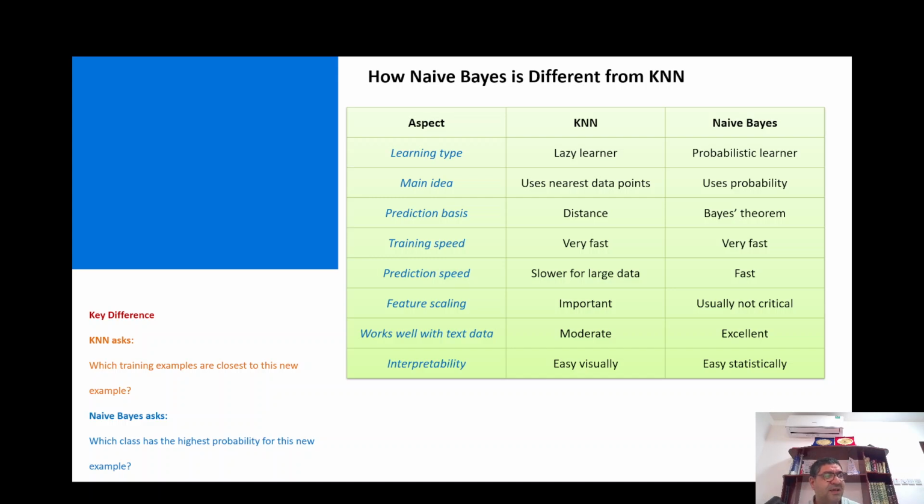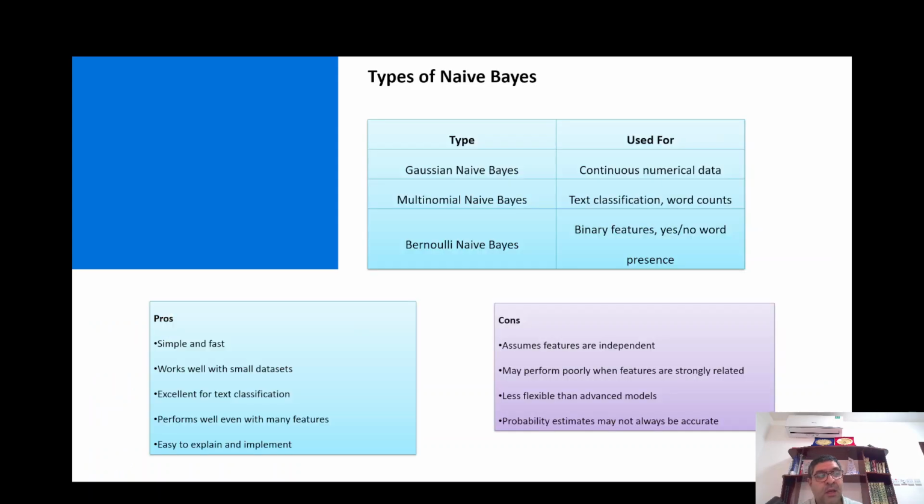What are the key differences? KNN is asking which training examples are closest to the new example, the neighbors which are there. On the contrary, naive Bayes asks which class has the highest probability for the new example, which class is most likely to fit this new example, and it does the classification in that category.